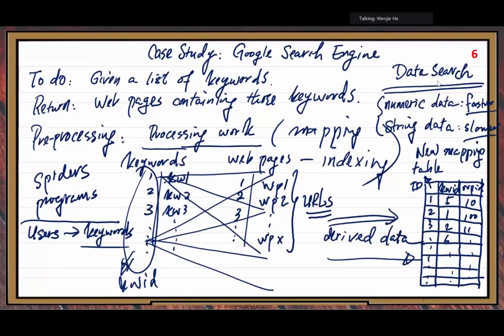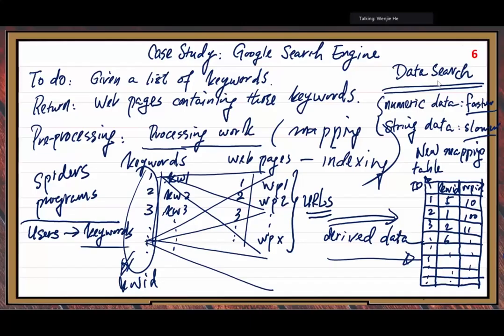Oh, another thing I forgot to mention here: when we do the search on this table, we do numeric search, right? All numbers. Numeric search is very fast. So we convert: stream-based search we do in pre-processing, in this indexing step.